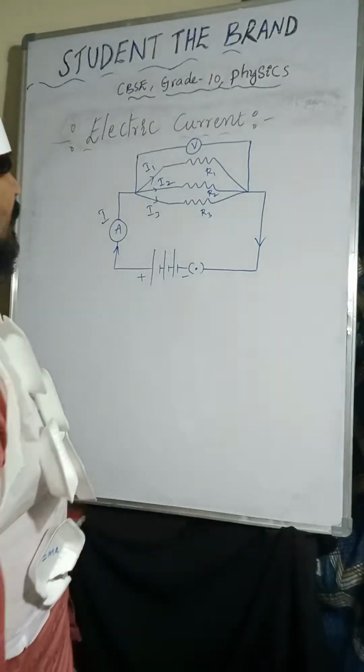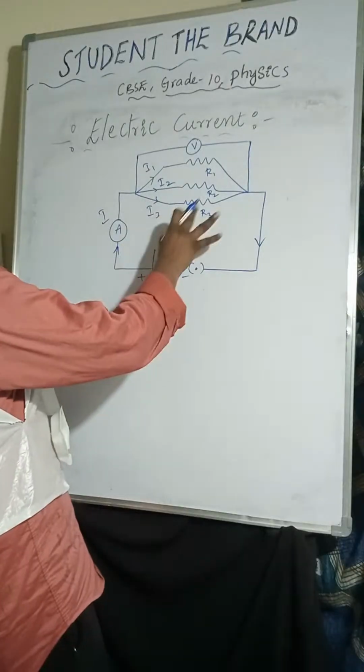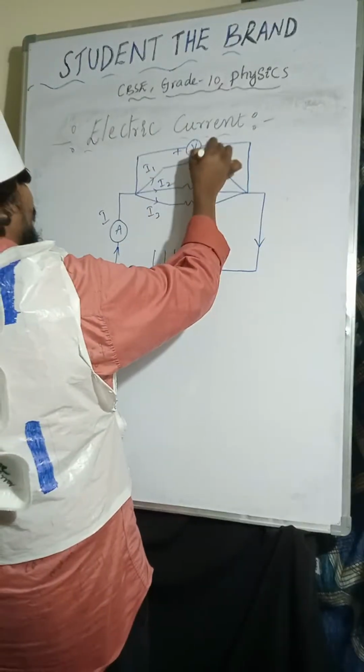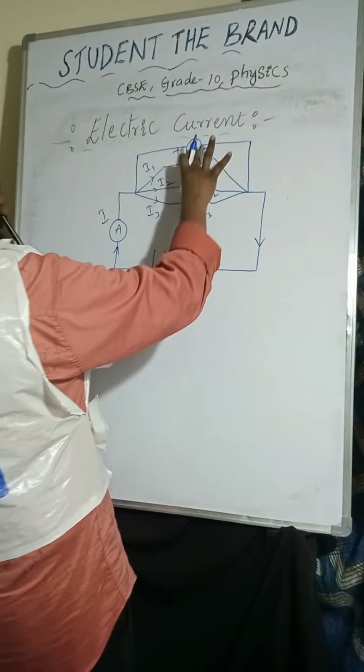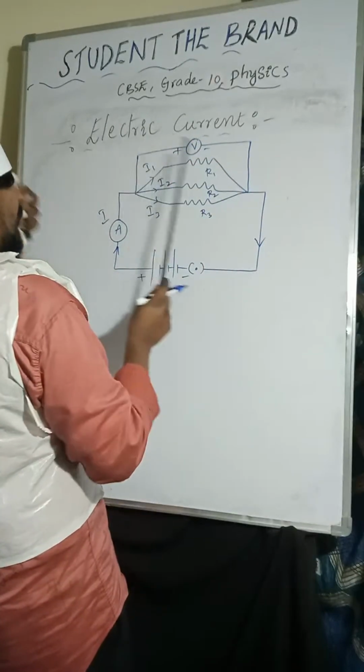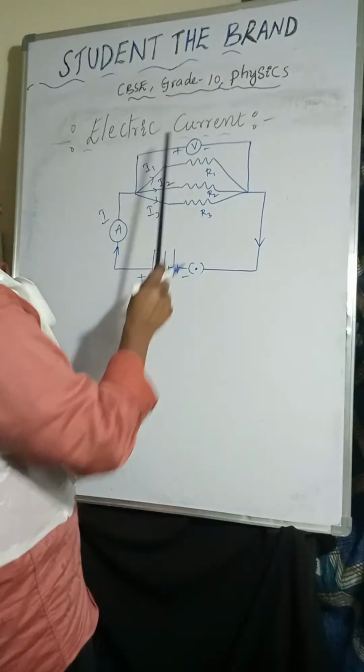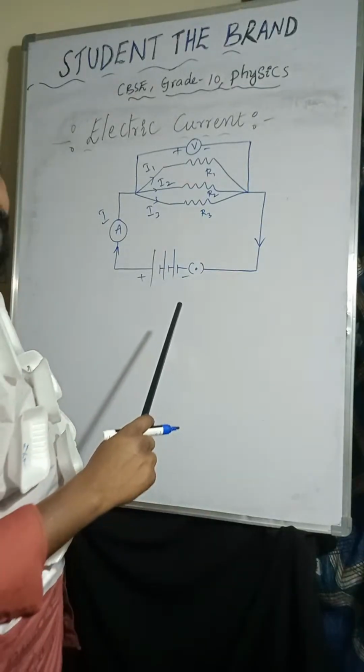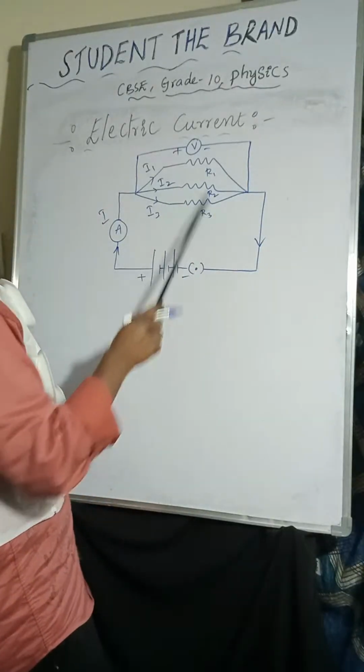Now you can see here, throughout the circuit potential difference is same. Okay, so across R1, R2, R3 potential difference is same, correct? So across R1, R2, R3 V is same.